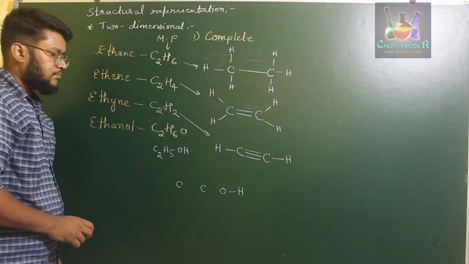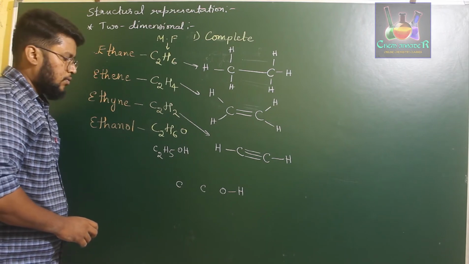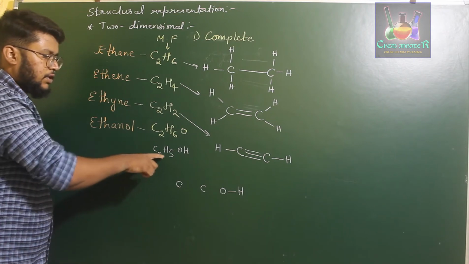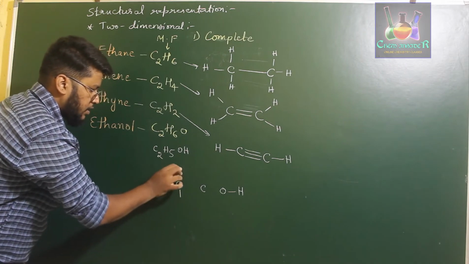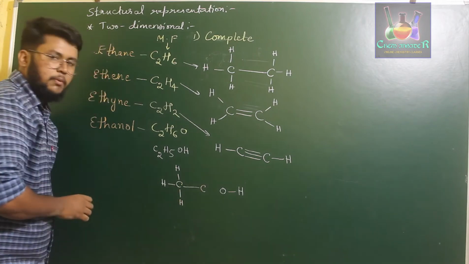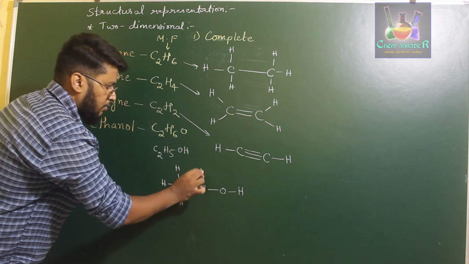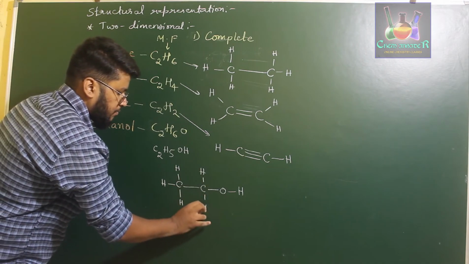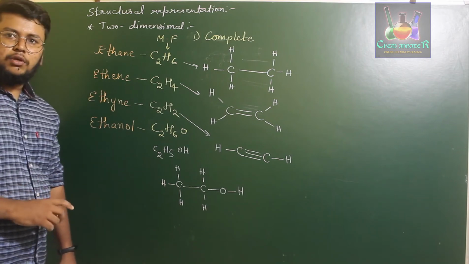Next, the left hydrogens are 5. This carbon carries 3 hydrogens. So there will be 1 bond between carbon and carbon, 1 bond between carbon and oxygen, and this carbon will be carrying 2 hydrogens. So this is the complete structure of ethanol molecule.